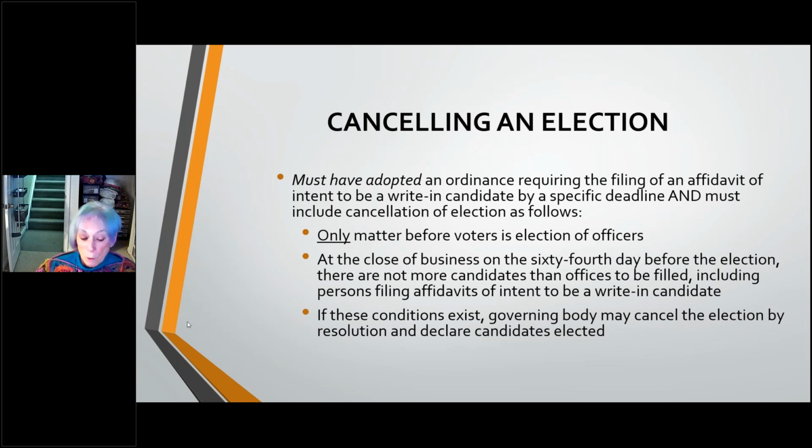Let's say you've got 3 open positions and 2 candidates: those 2 people are declared elected, and the 3rd seat is declared a vacancy and is filled according to the vacancy procedures, either by appointment, first choice, or by a special election. The absence of the required number of people does not deny the folks on the ballot, regardless of the number, from being determined to be elected.